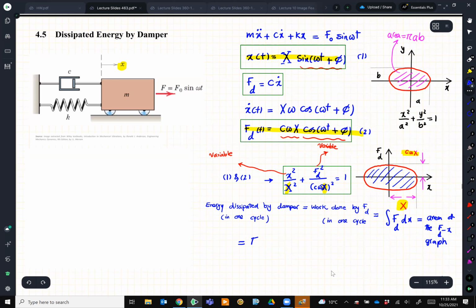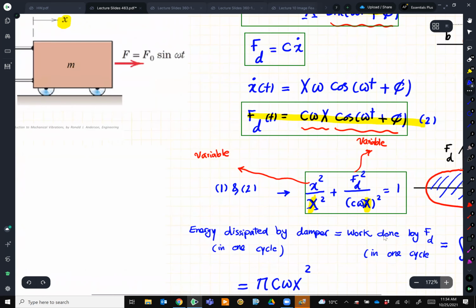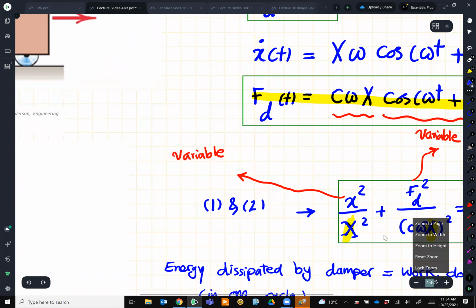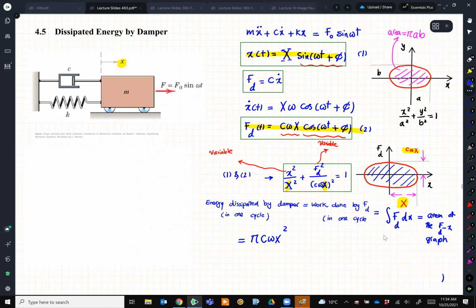So it's going to be pi AB, which here is going to be pi C omega X squared. So let's show this one by W damping, meaning work done by the damping.